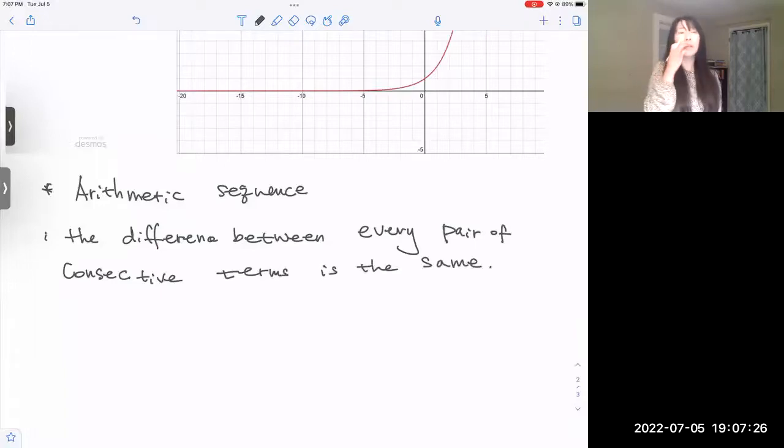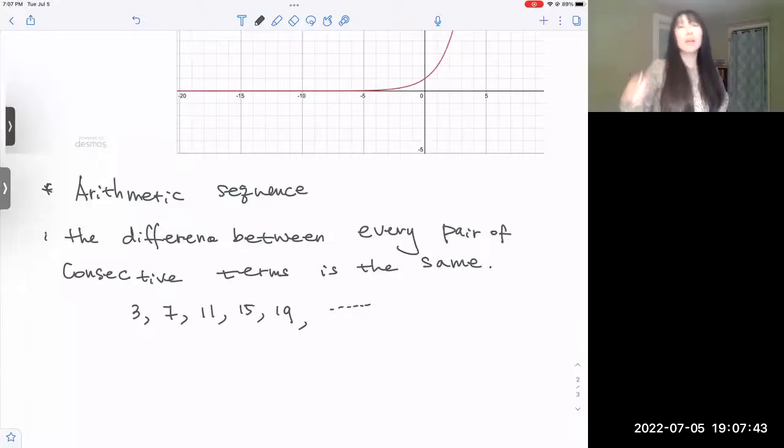Okay, so for instance, they give us 3, 7, 11, 15, 19, and so on. So they're using dots, which means keep going. All right. So we call this the sequence.